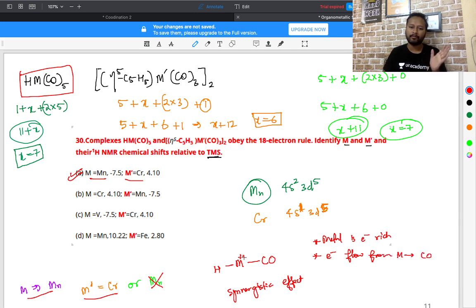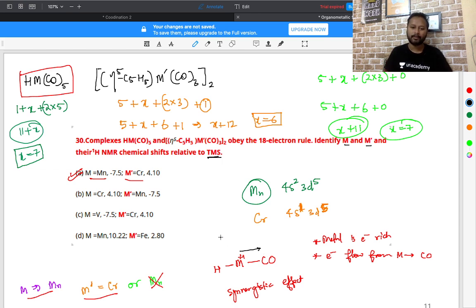If this happens, electrons will go into the anti-bonding orbitals of CO, and your bond order of CO will decrease, your carbonyl frequency will decrease, your carbonyl bond strength will decrease, and carbonyl bond length will increase. So these things will happen over here.